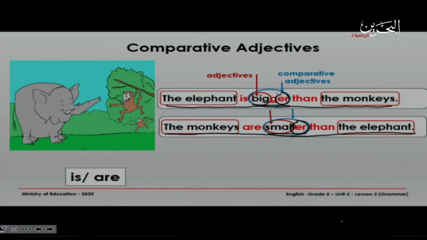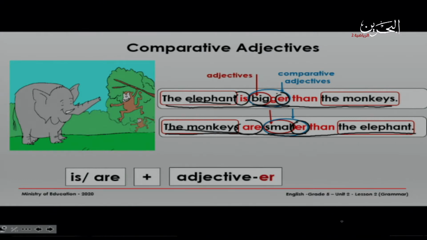Because we have only one elephant, we used is. Here, because we are talking about the monkeys, more than one monkey, so we used are. The second thing, you have to add the adjective to describe. At the end of the adjective, as I told you, you have to add ER, like here, bigger and smaller.